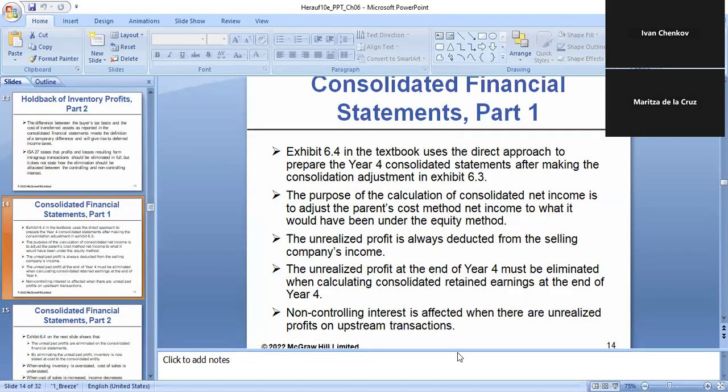Just give me a second to find it. Here we go, I found it. So let me share my screen so you can see it.